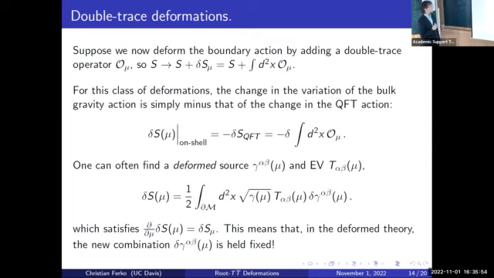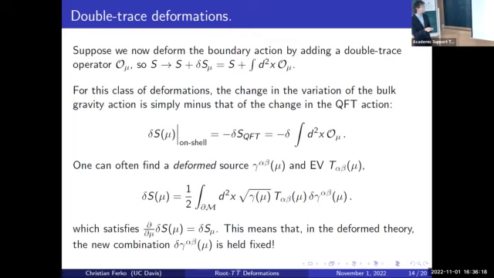And for this class of deformations, there's a particularly simple result. So we have to remember that in the holographic dictionary, there's a correspondence between the action of the dual field theory, that's this S_QFT, and the generating functional for connected correlators in the bulk, which we identify as the bulk gravitational action. So there's not quite a one-to-one correspondence.